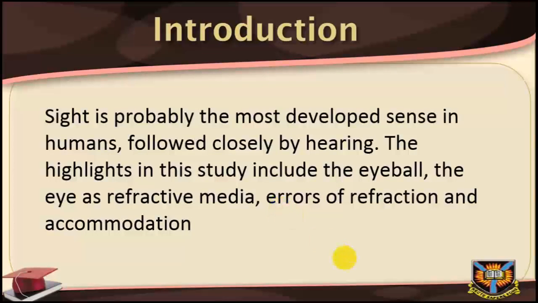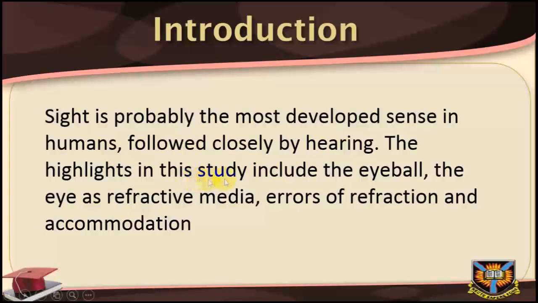Sensing is done at primitive levels in the cells and integrated into sensations in the nervous system. Sight is probably the most developed sense in humans, followed closely by hearing.